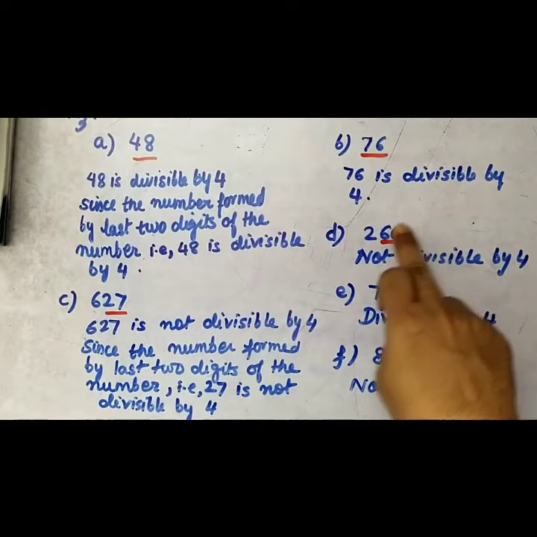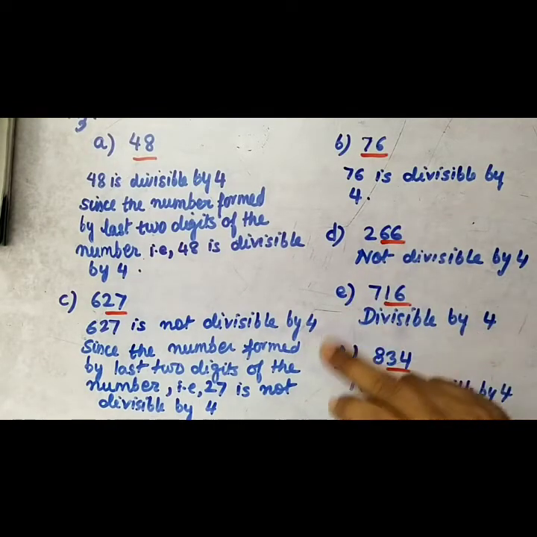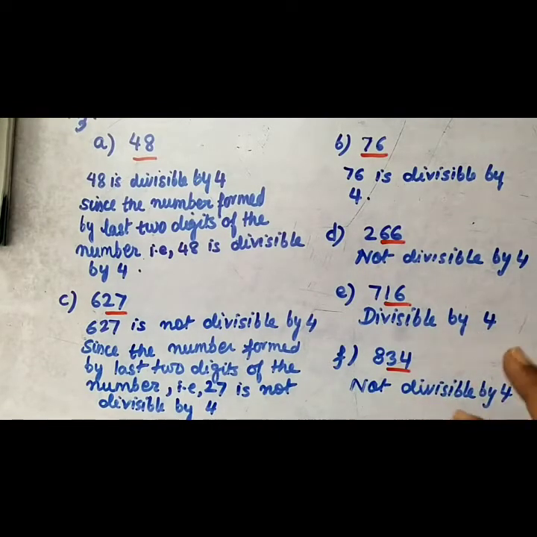Now here you are getting 66. Again you know that 66 is not divisible by 4. That is why 266 is not divisible by 4. Now here you are getting 16. 16 is divisible by 4. That is why 716 is divisible by 4. Now 834, here 34 is again not divisible by 4.